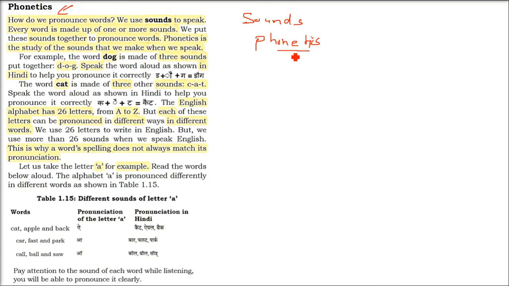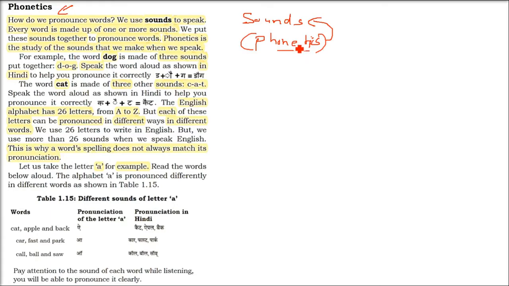So what is phonetics? Phonetics is the study of the sounds that we make when we speak. Let me tell you again. Whenever we are speaking, the study of the sounds we are making is phonetics. So this is how we speak.